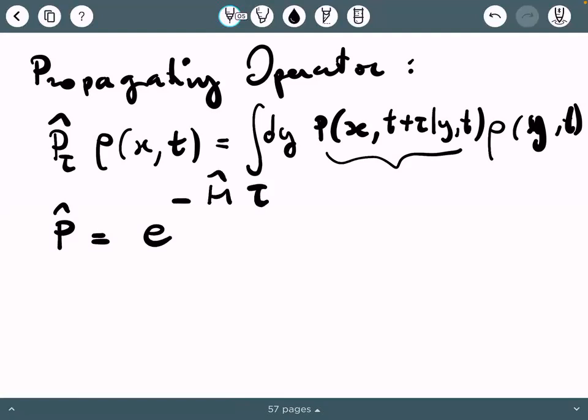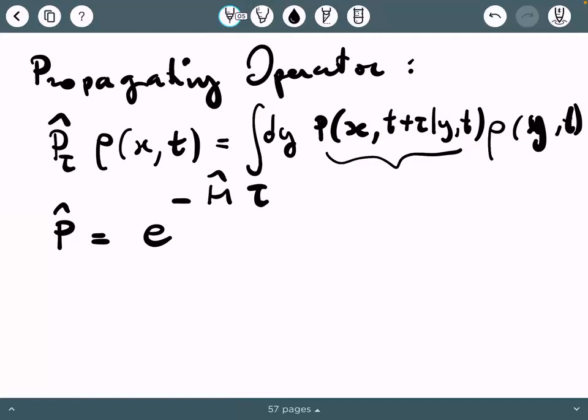And this follows directly from the fact that the function P obeys the Fokker-Planck equation. This is a solution of the Fokker-Planck equation, a formal solution of the Fokker-Planck equation in operator sense. Everybody's convinced, right?